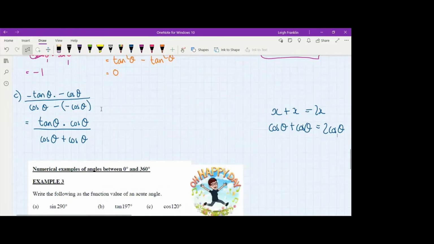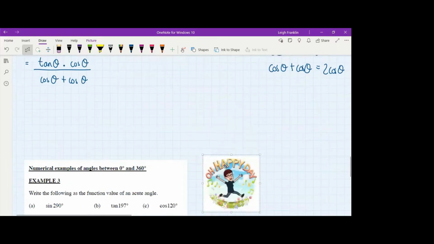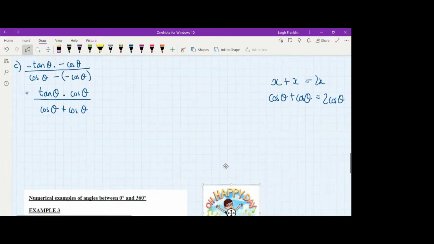All right, so that means over here, Ntokozo, you got a question? You're welcome to ask. Yes? Ma'am, where did the negative after tan theta times cos theta, where did the negative go?